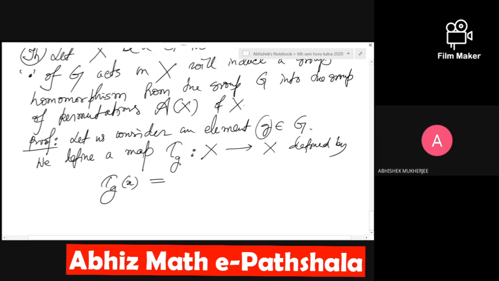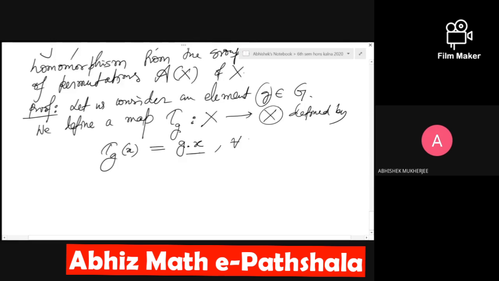The functional value of this map will be the element g dot x, that is the image of the left action of small g acting on small x. Since dot is the left action, g dot x is a member of the set X.